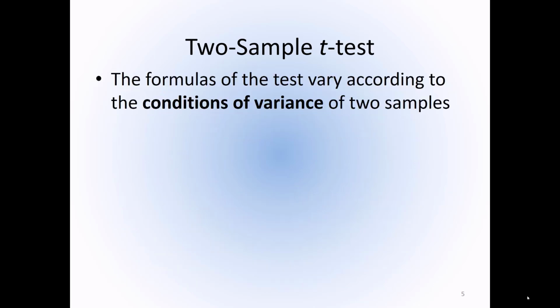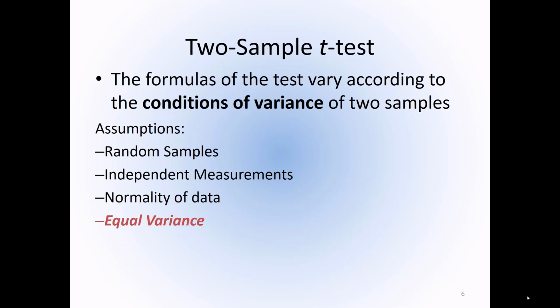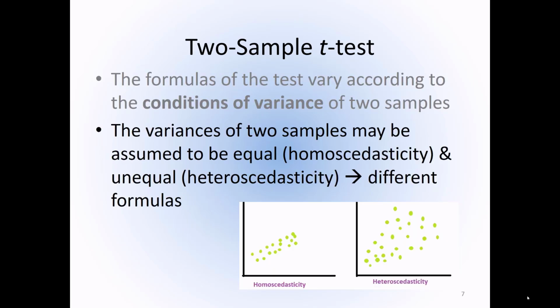Now, the formulas that we're using to test these are going to vary according to the conditions of variance of the two samples. If we go back to our assumptions of the t-tests, one of those was equal variance. Equal variance is just one of the potential situations that we can have for a two-sample t-test.